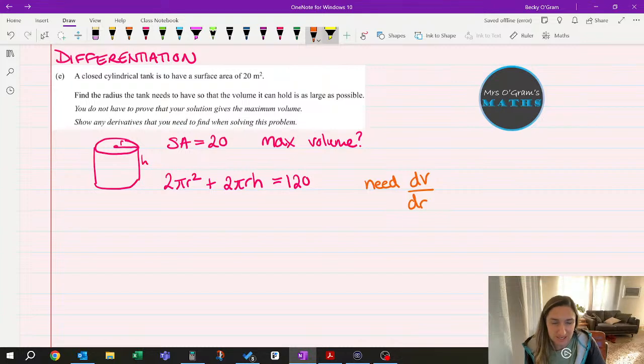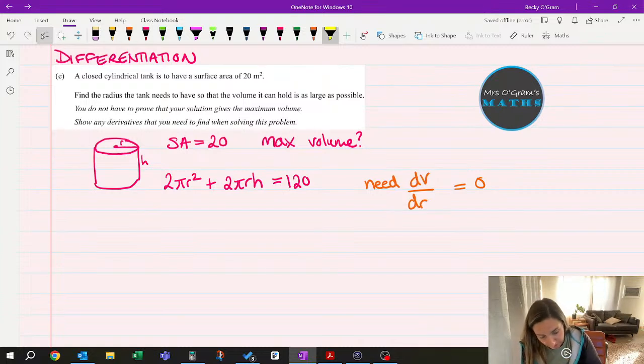Because it would take less pieces to unravel it, because it's within the squared thing already, so you don't really want to be doing square roots and whatnot. Okay, so to be able to do dV by dr and then set it equal to 0, we need something that links the volume and the radius together.